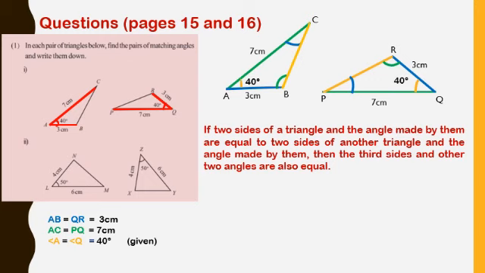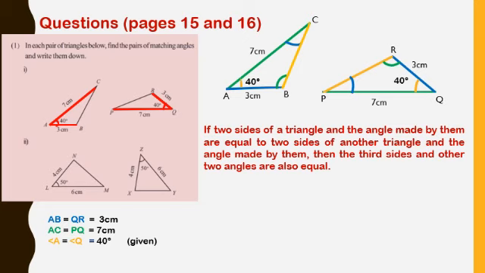If two sides of a triangle and the angle made by them are equal to two sides of another triangle and the angle made by them, then the third sides and other two angles are also equal. That means these two triangles are equal triangles. Now let us find all the equal sides and equal angles.